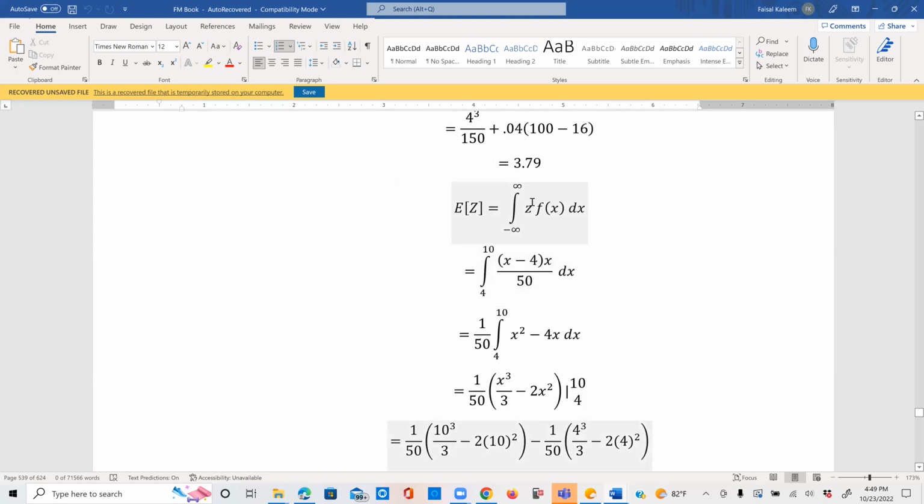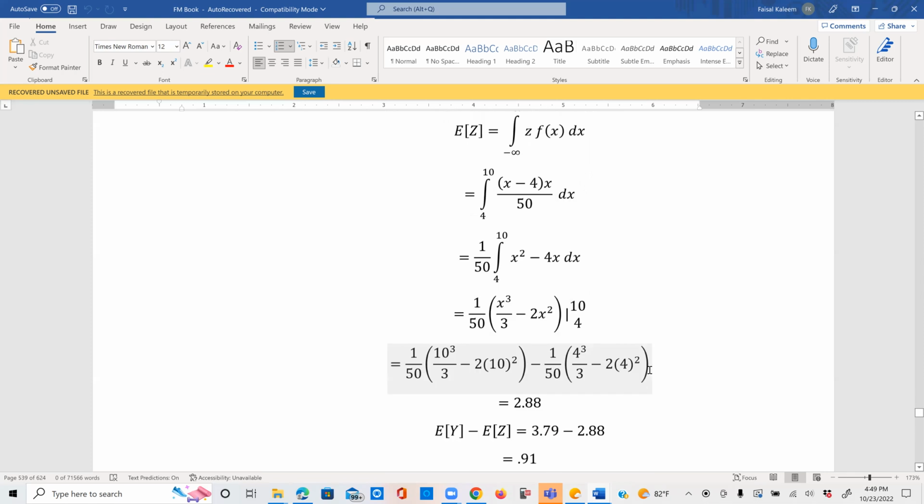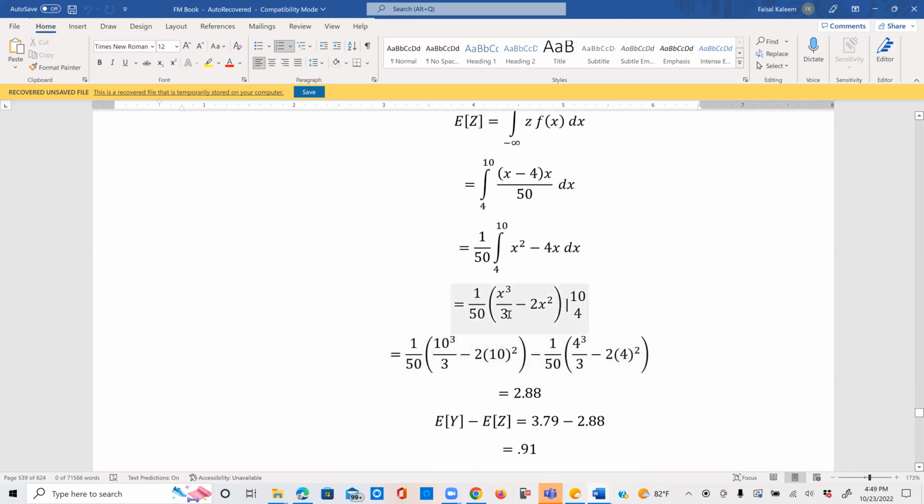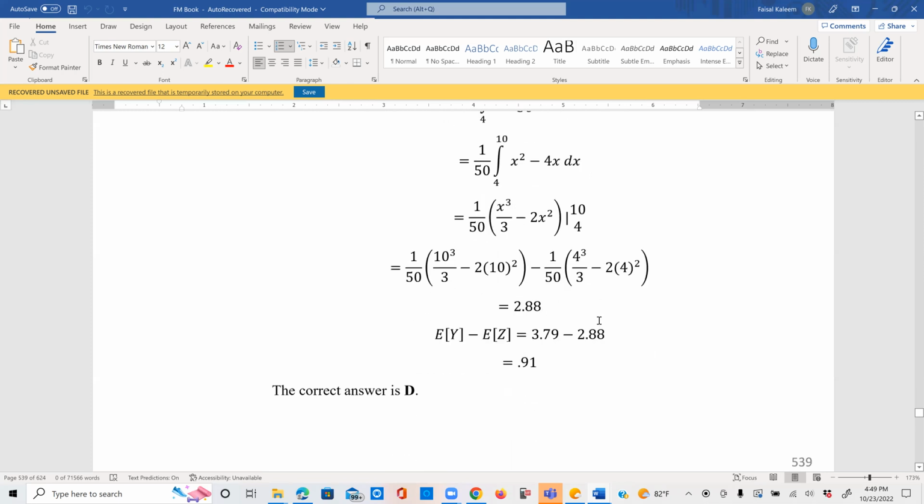So substitute x minus 4 here, and f(x) is x over 50 as before. You multiply, and you get x squared minus 4x, and the 1 over 50 can be pulled out. So the integral is x cubed over 3, and the integral of 4x is 2x squared. Then substitute the limits from 4 to 10, and you end up getting 2.88.